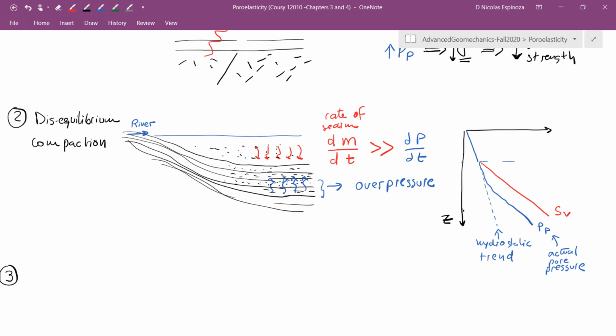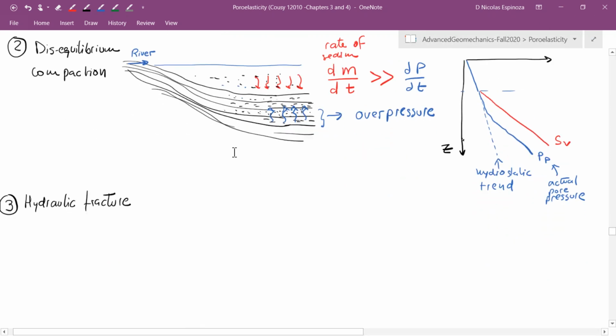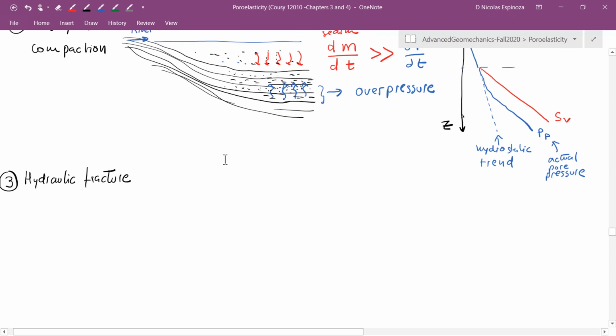Example number 3 is what we have, for example, around a hydraulic fracture. Hydraulic fractures are usually pretty quick, so if you have material adjacent to the fracture, the rock may not have enough time to relax and dissipate the pore pressure.